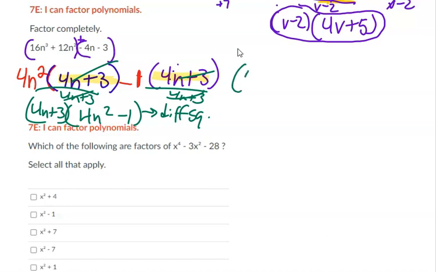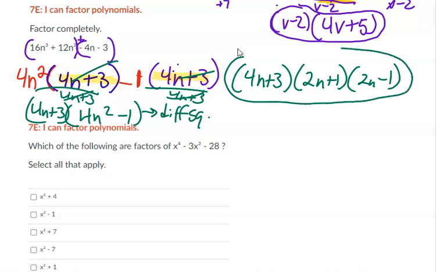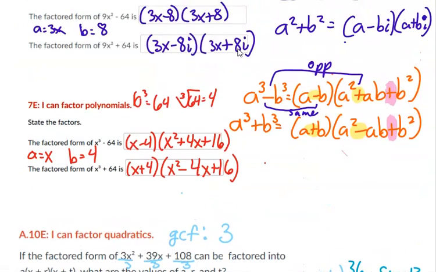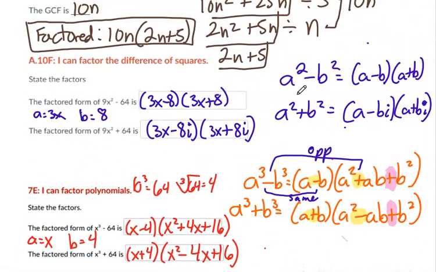So we can factor it further. We have 4n plus 3 times 2n plus 1 times 2n minus 1. Again, we get that difference of squares formula from this previous example up here.